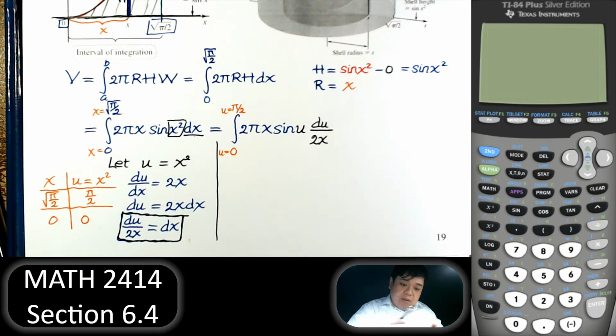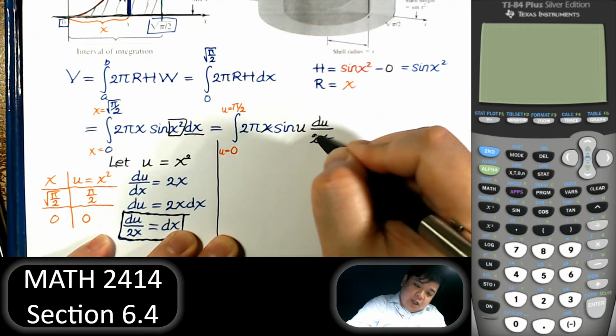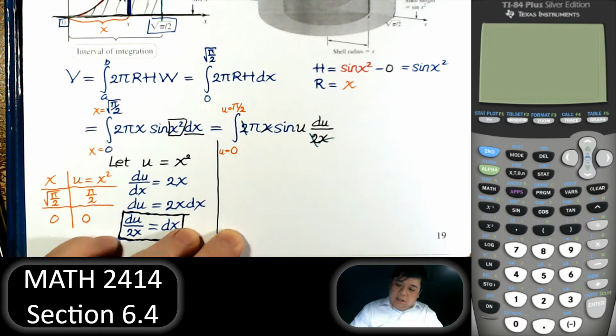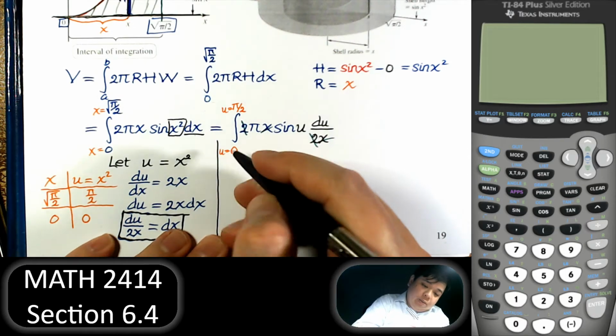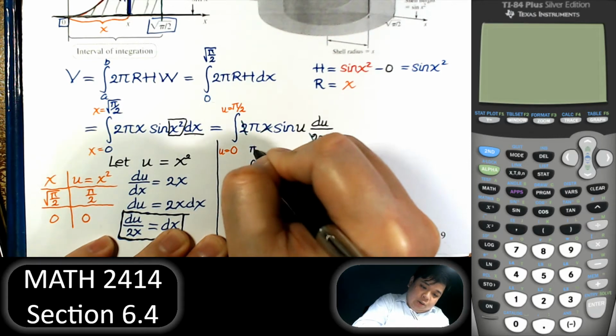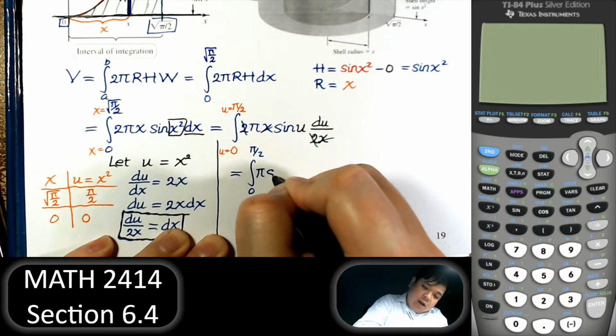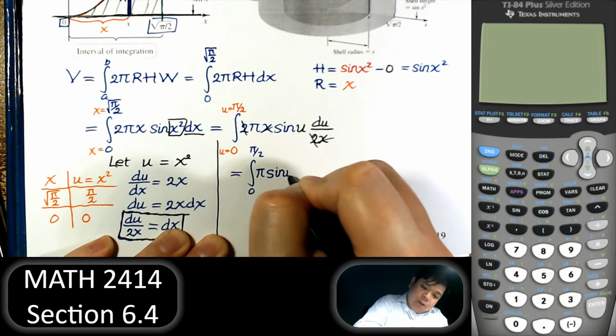Simplify. Then the x here cancels with that x, and the 2 cancels with the 2. So we end up with the integral from 0 to pi over 2. Actually, we can take the pi outside as well, so it's pi times sine of u du.